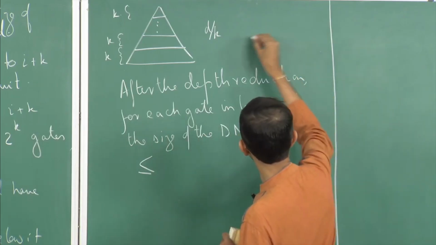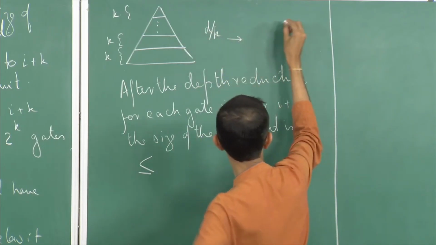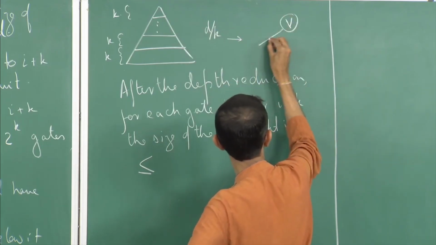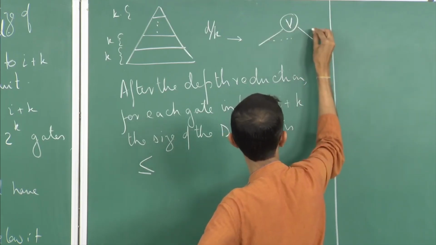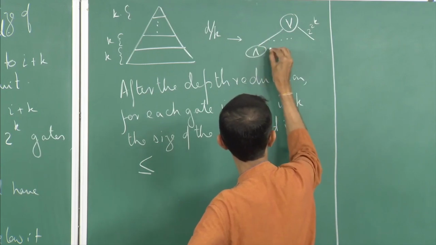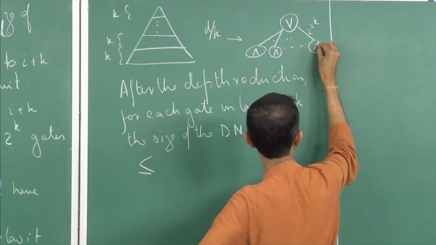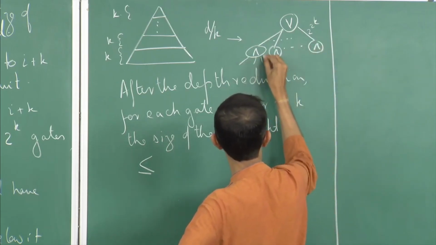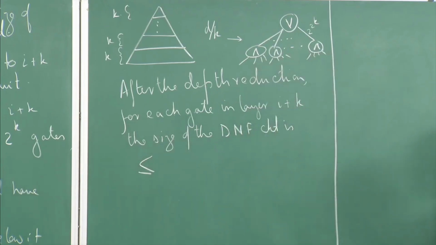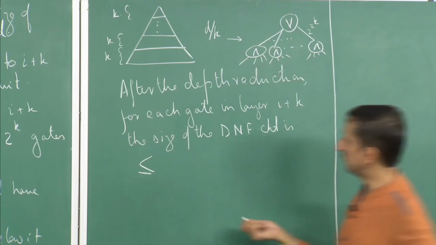So basically I can take any one block and I am expanding it. I have an OR gate at the top. This OR gate depends on 2 to the power k many AND gates, and each AND gate will depend on 2 to the power k many gates from layer I. So, what is the blow up in the size?